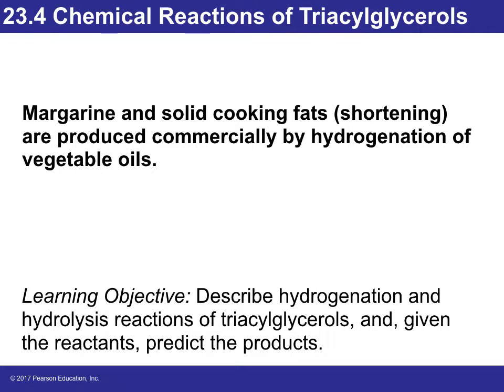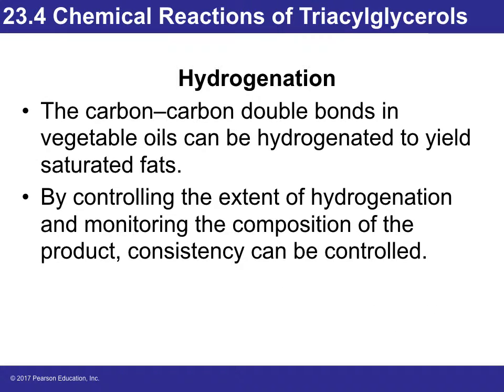So people tried to find a way: can we harden those unsaturated fatty acids? Yes, there is a way. Chemistry helps. This is called hydrogenation. You can actually break apart that carbon-to-carbon double bond in vegetable oil by hydrogenating them to yield saturated fat.